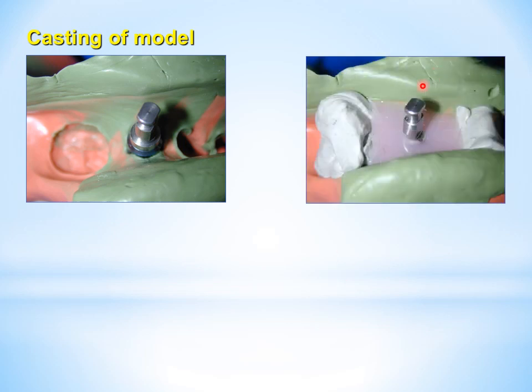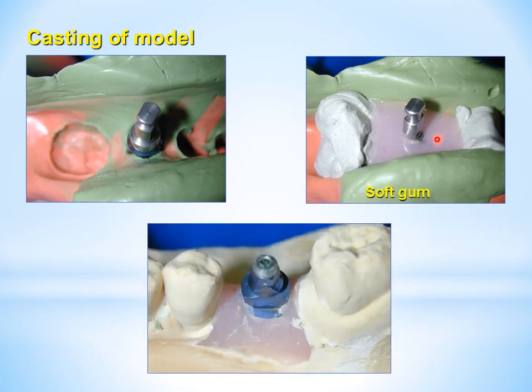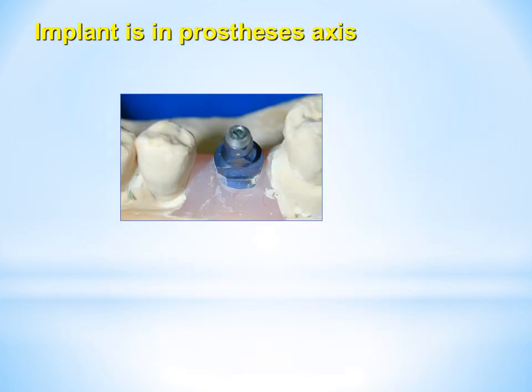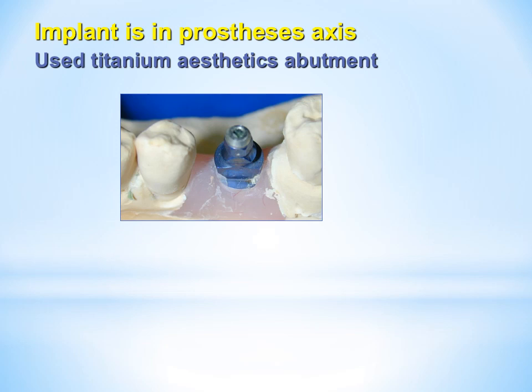Then using soft gum and pouring of the impression and opening of the impression to get the cast, and then selection of the suitable abutment.